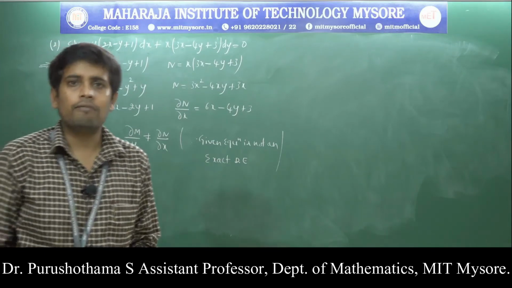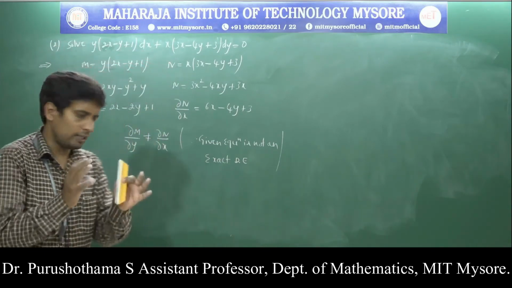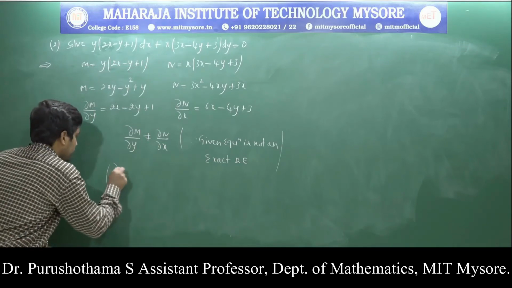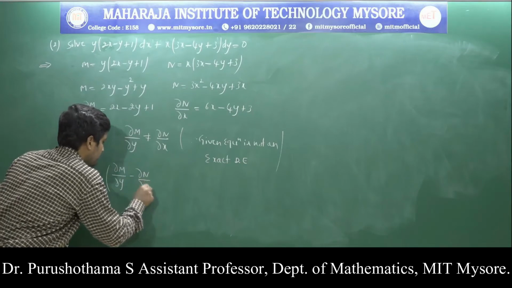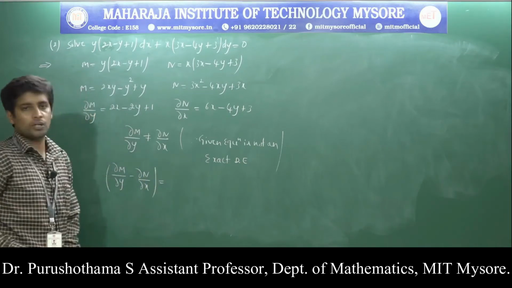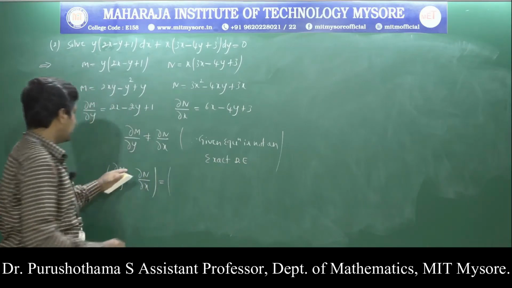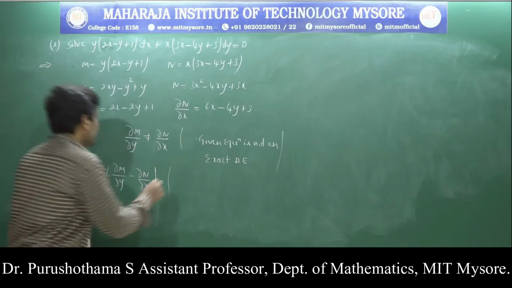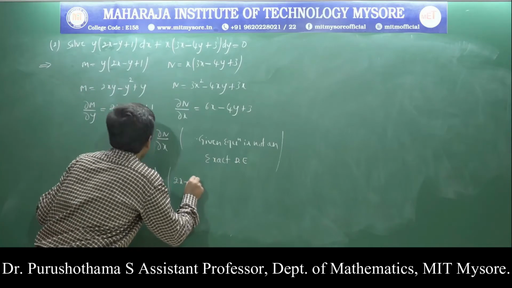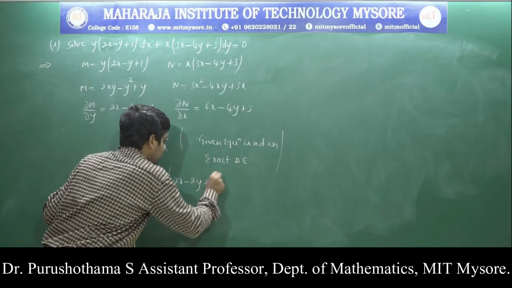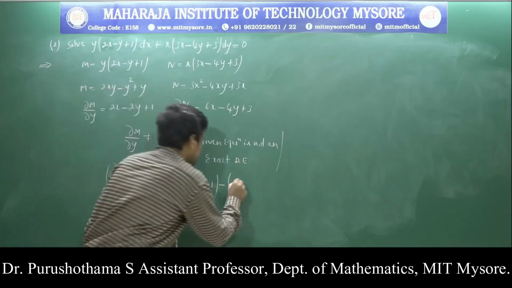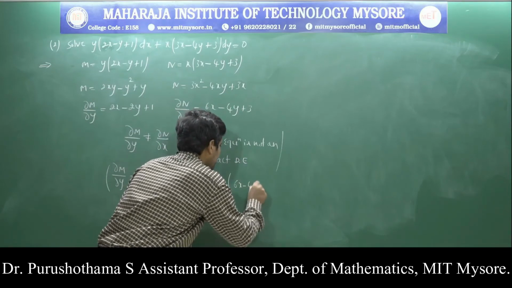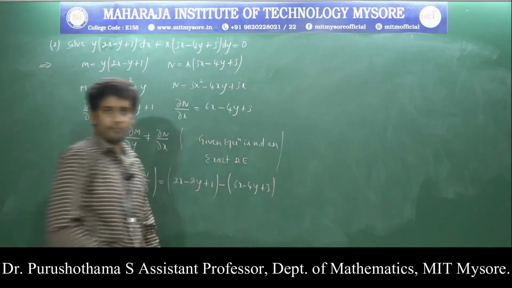In this case we take the difference, M with respect to y minus N with respect to x. Replacing the terms, this is 2x minus 2y plus 1 minus (6x minus 4y plus 3).